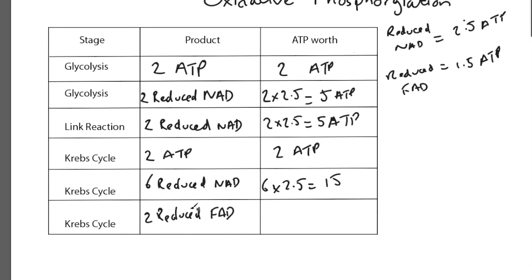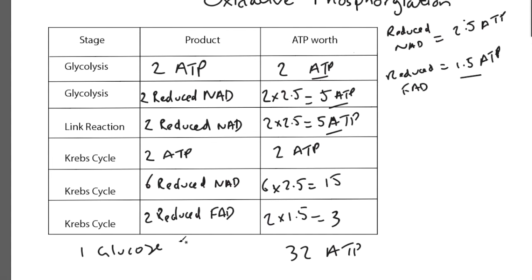And then you have the FAD, which is only worth 1.5, that's why I say it's lesser. We've got 2 of them, which equals 3. You add up all these ATP and you end up with 32 ATP. So one glucose molecule that has 6 carbon will equate to 32 ATP profit.